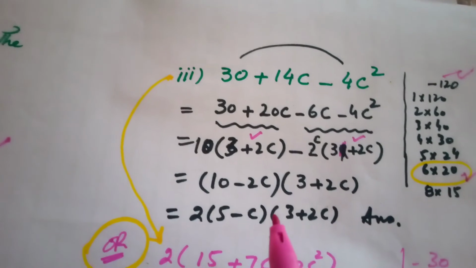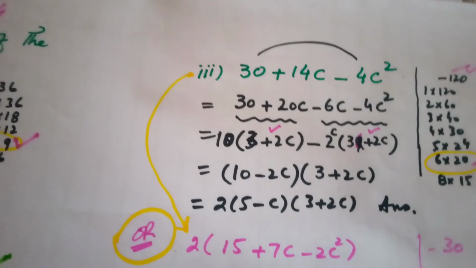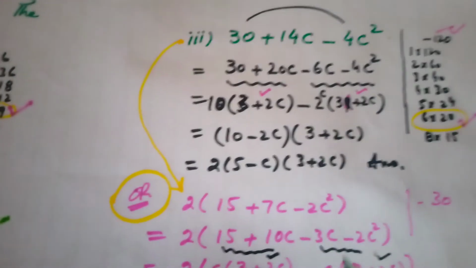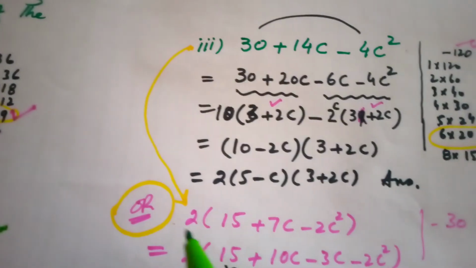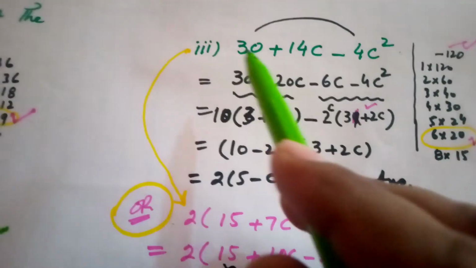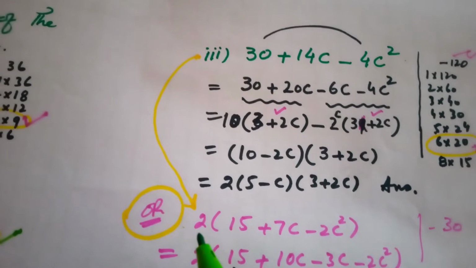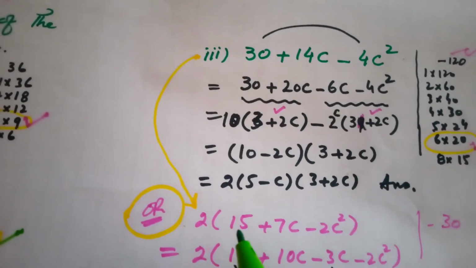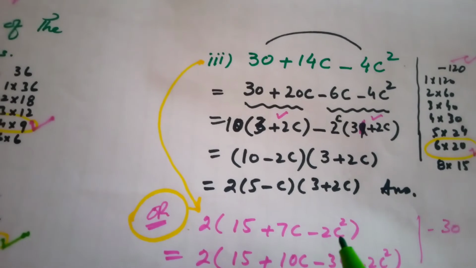Compare with your solution, and remember that this question has an alternate method, which means you can take 2 as common from the expression. You can start from this, take 2 as common. The expression will be 15 plus 7c minus 2c square.